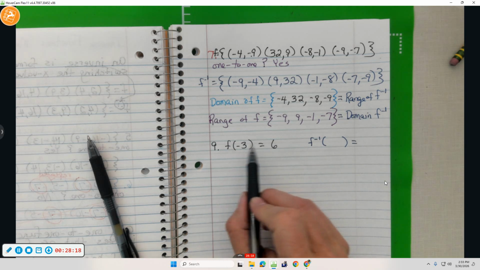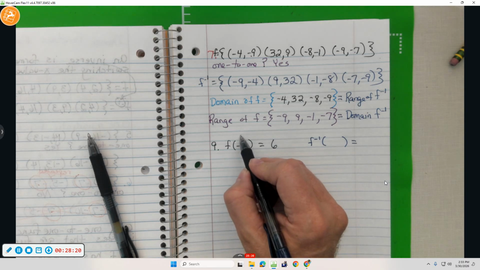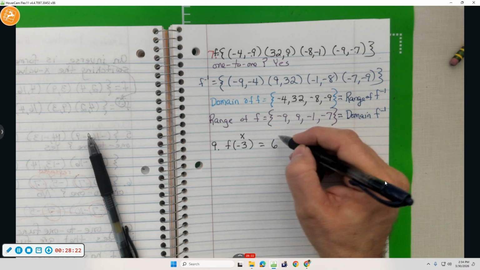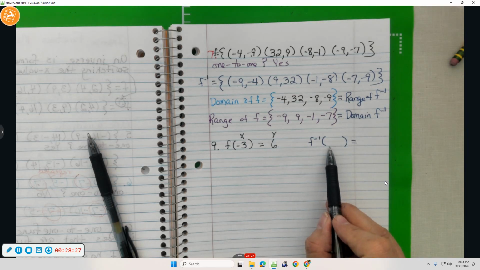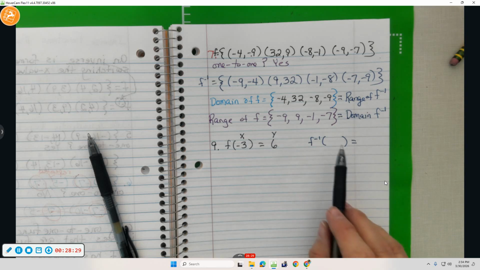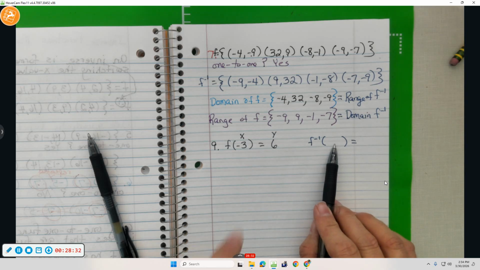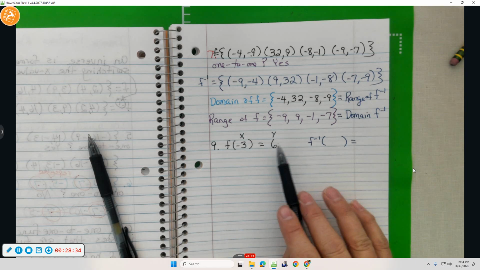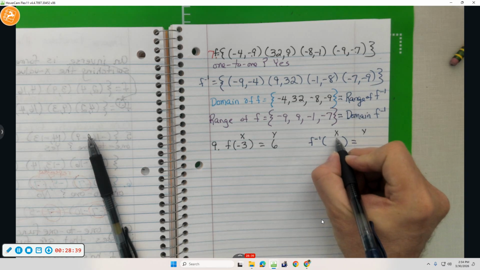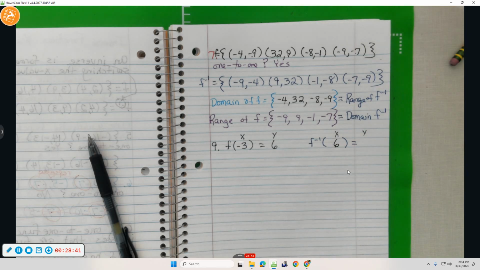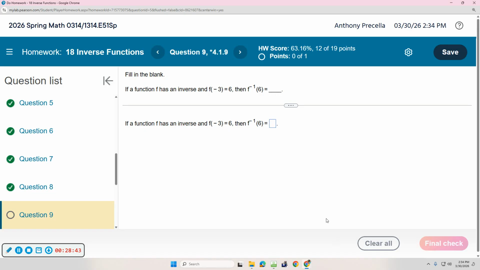When you're working with function notation, the number in the parentheses is the x, and your answer is the y. When I'm working with an inverse, what am I going to put right here? Do I put the x or the y? The y, yeah. 6. That's what it said, right? So you have f of negative 3 equals 6. That means f inverse of 6 equals what number?